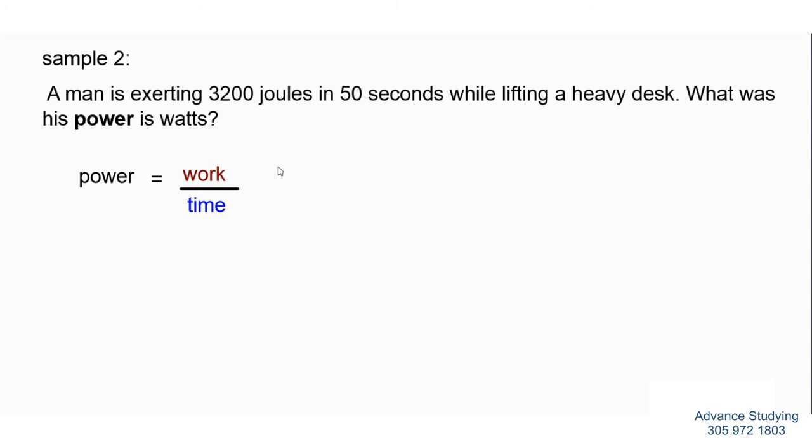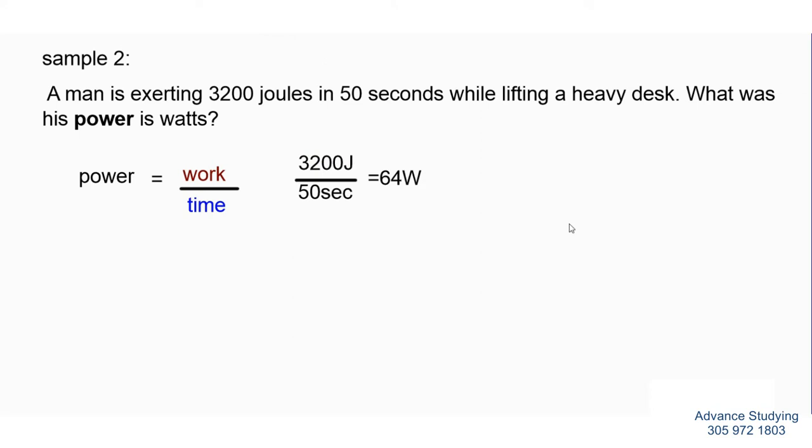Plug those numbers in, and we end up with 3,200 joules divided by how much is my time? 50 seconds. Now I have much more time to deal with because this person is taking more time to do the same job as the other one. What is the answer?